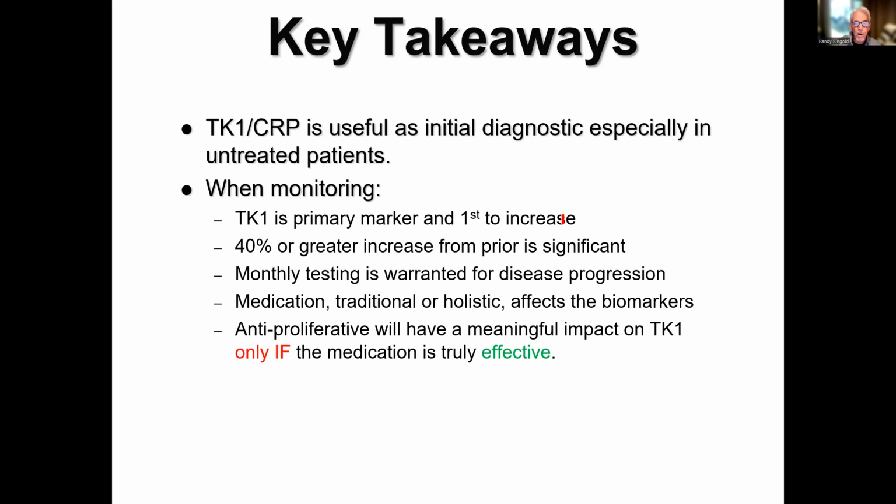TK1 is always the primary marker and is always the first to increase when disease recurrence happens. All of our significant change markers are at 40% from the prior indication where it goes up. And that is a significant finding that we have determined. We do recommend monthly testing, because if you go longer than that, then it just becomes a history lesson. That's all it is.